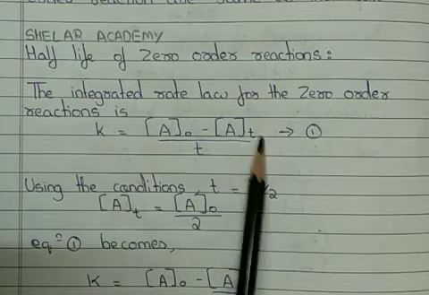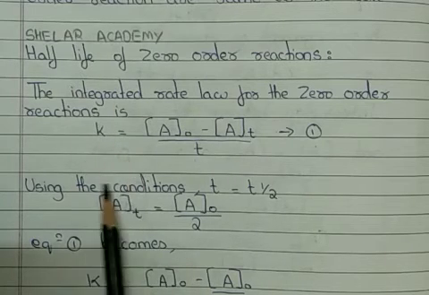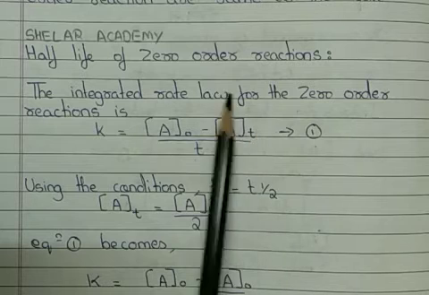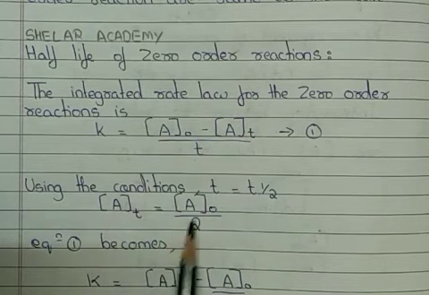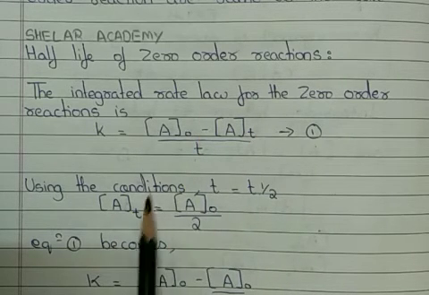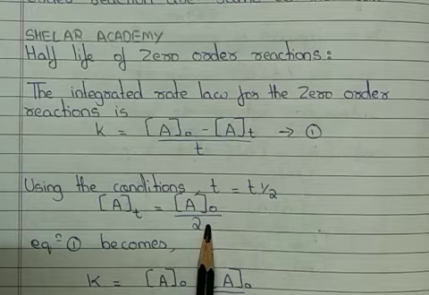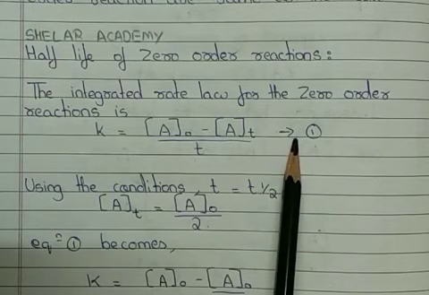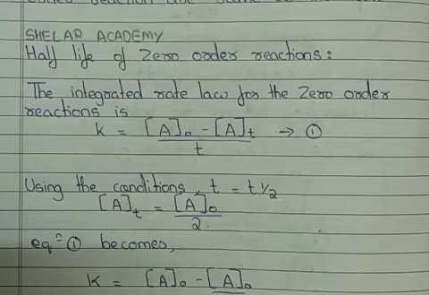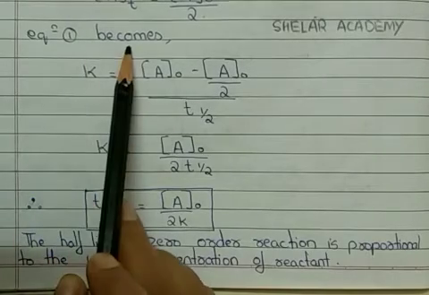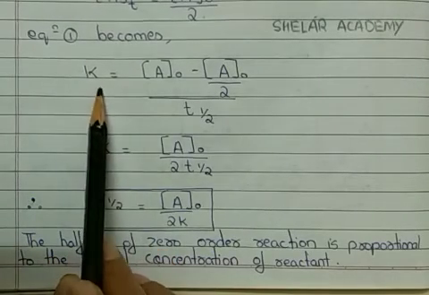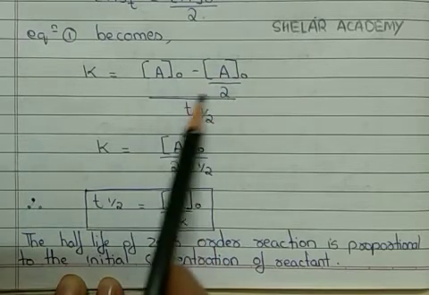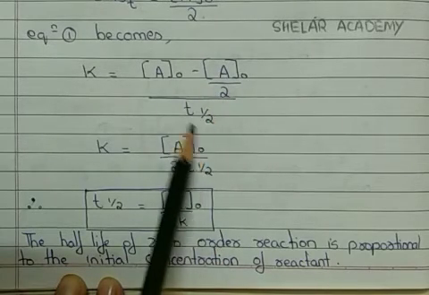In this equation we write t as t half and we write At as A naught upon 2, that is half of its initial concentration. If we substitute these two in equation 1, then equation 1 becomes k equal to A naught minus A naught upon 2, the whole upon t half.